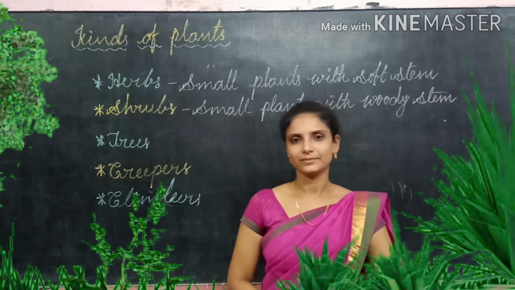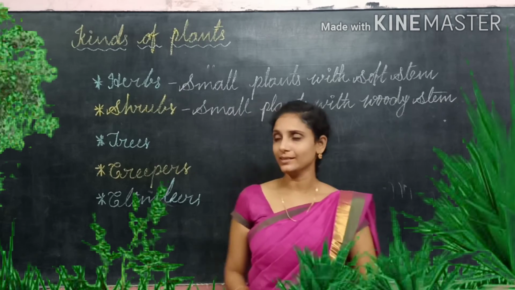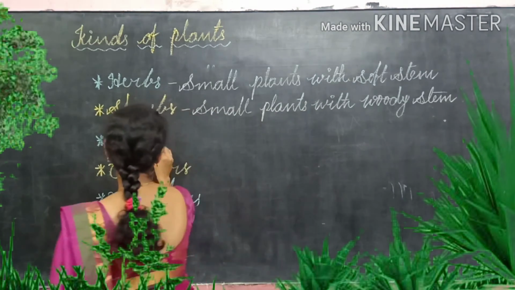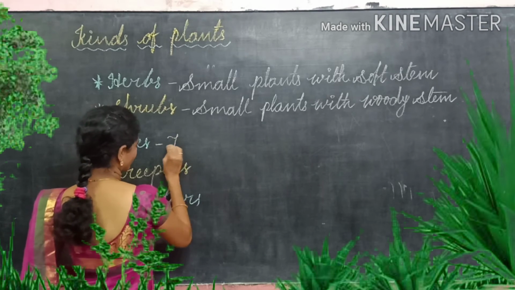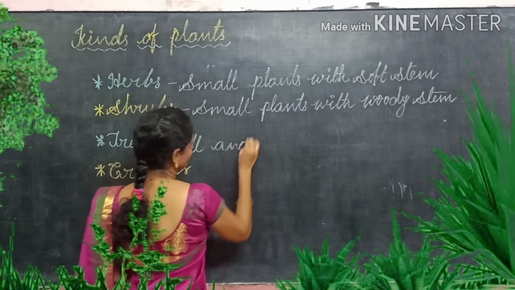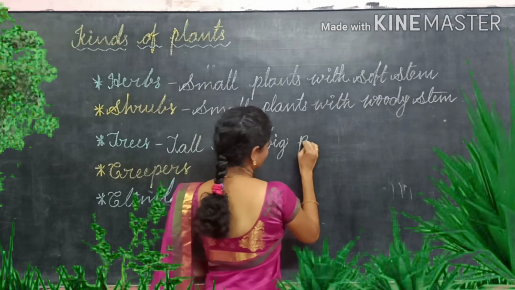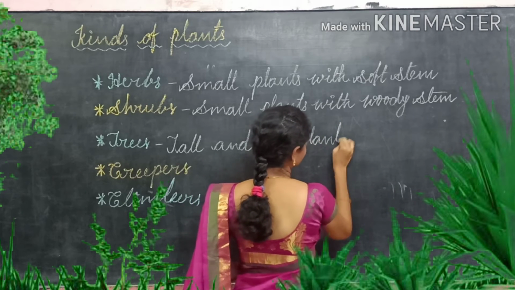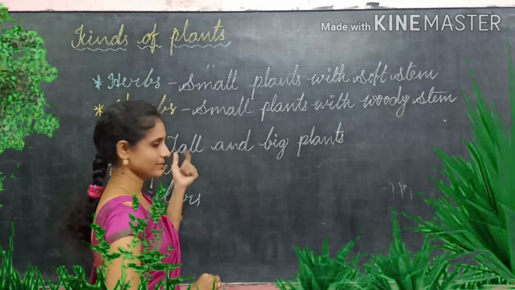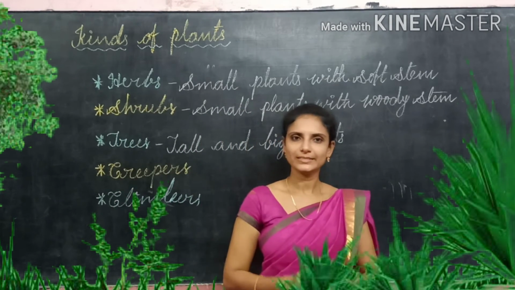And the third one is trees. What are trees? Tall and big plants are called trees. These trees have a very hard stem.